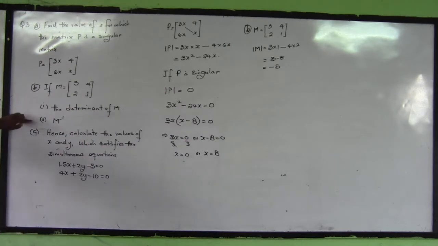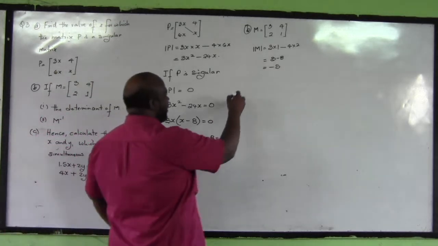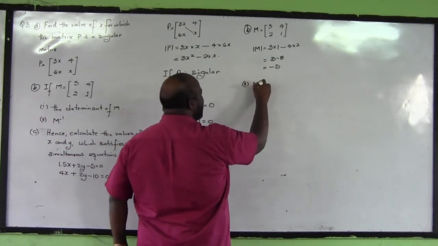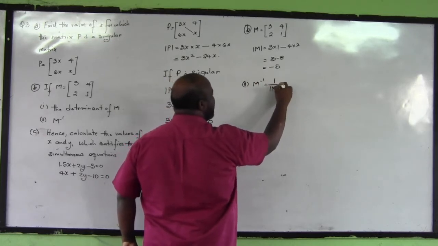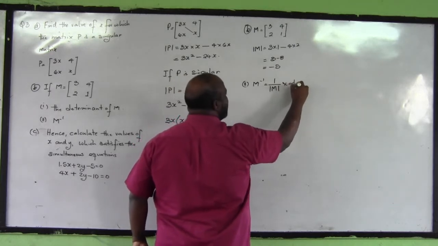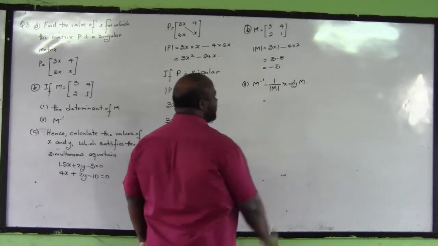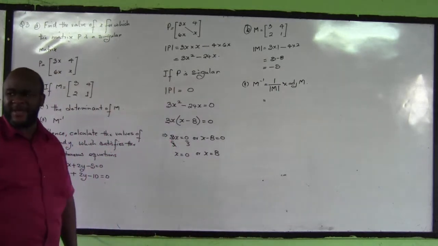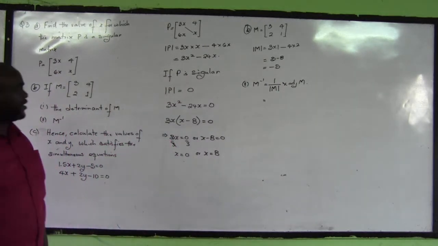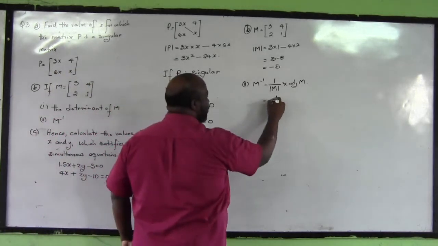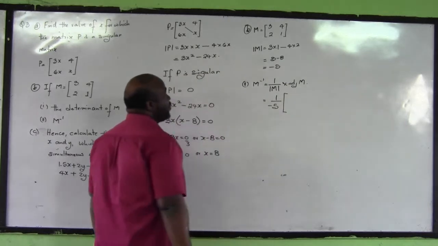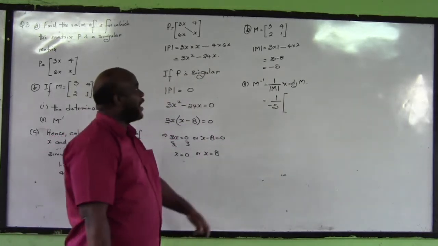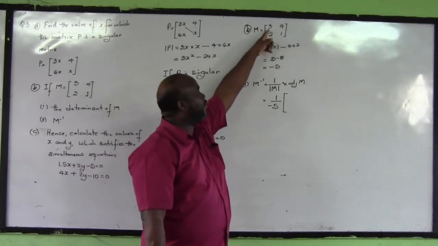So that is part i. It is asking us to find M inverse. M inverse is equal to 1 over the determinant of M times adjoint M. So M inverse would be 1 over minus 5 times adjoint M. Now, this is the adjoint M. Adjoint M would be, you're going to switch these two around.